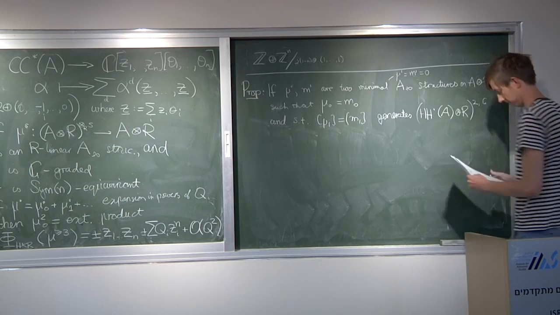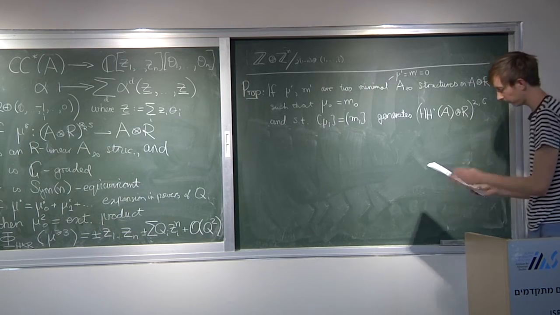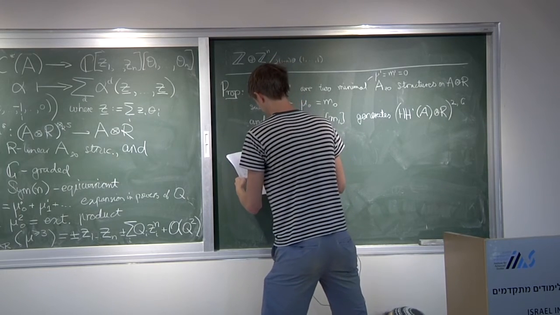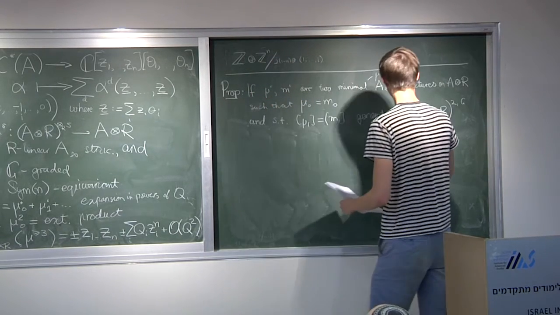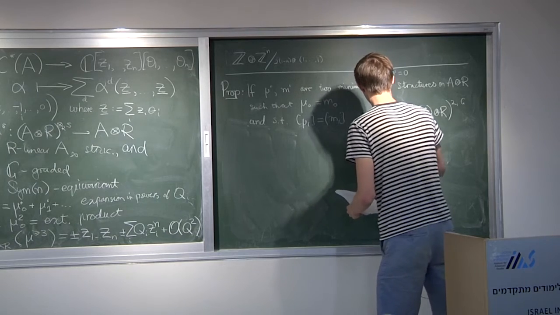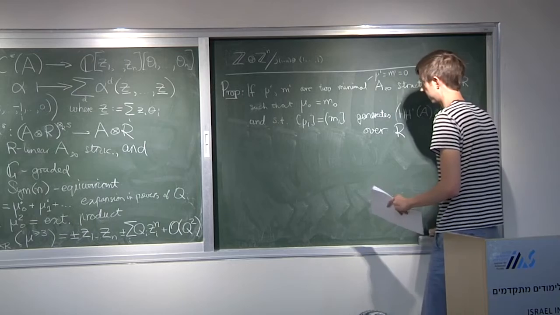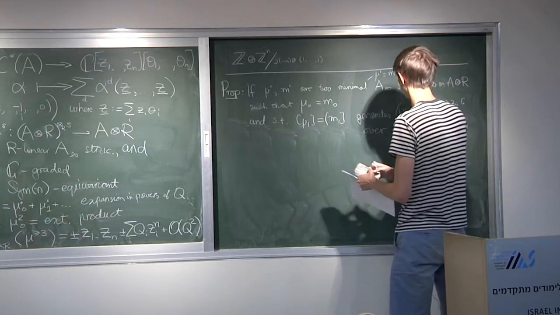Possibly with some group equivariance here. Generates over C of T. Maybe I should just state the theorem for the particular arrangement that we have.